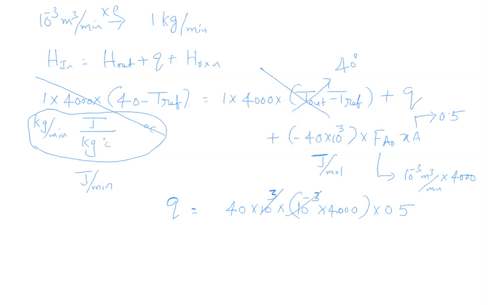So this and this will cancel, but what you are getting is joule per minute. Then this is 40 into 4000 into 0.5 divided by 1000 divided by 60. So this will become kilojoule per second. Correct or not?